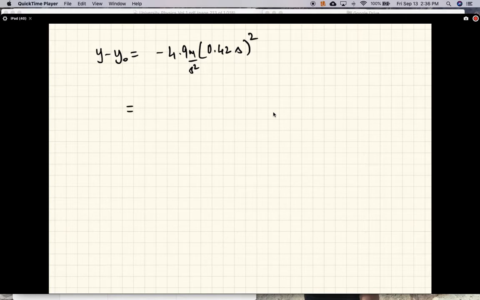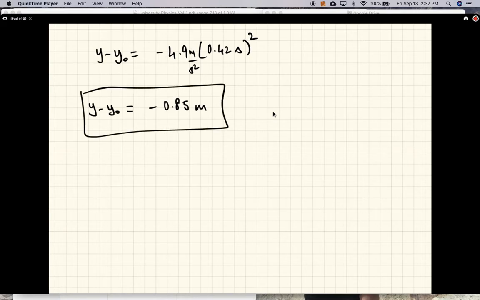Okay, so that is minus 0.85 meters. So the pitch falls, by the time it gets to home plate, about 3 feet, 0.85 meters. All right, that finishes that problem.